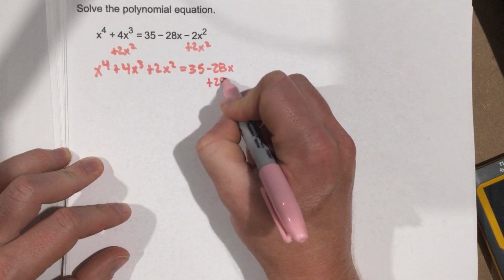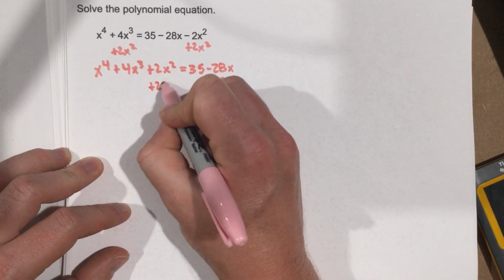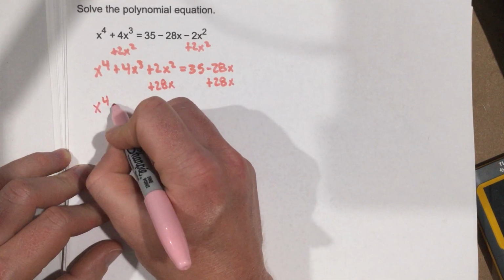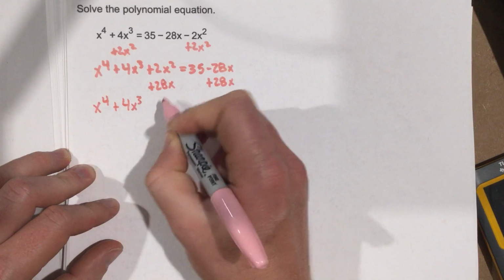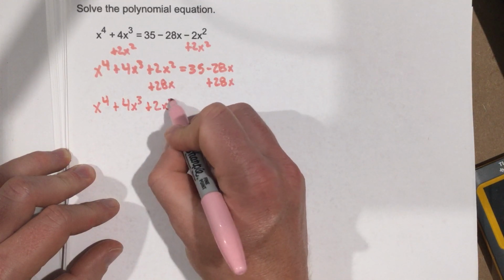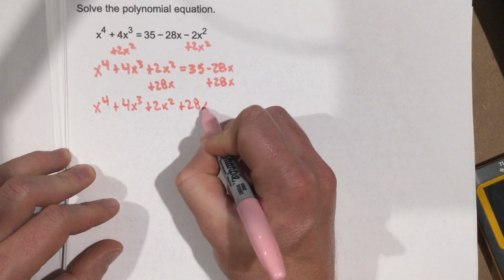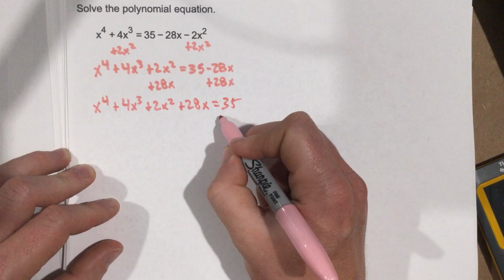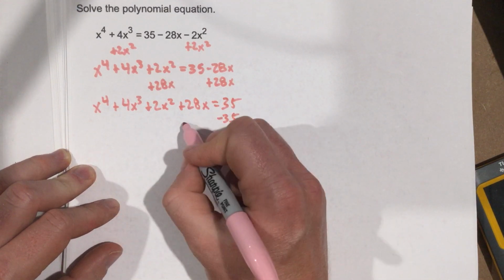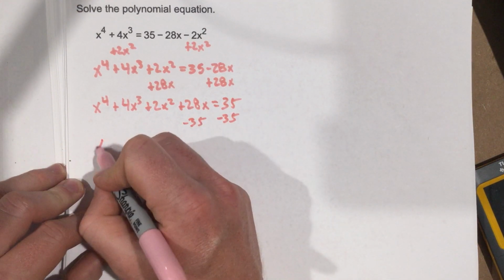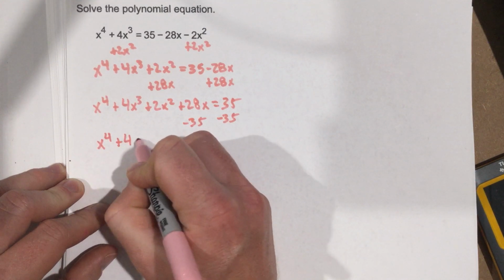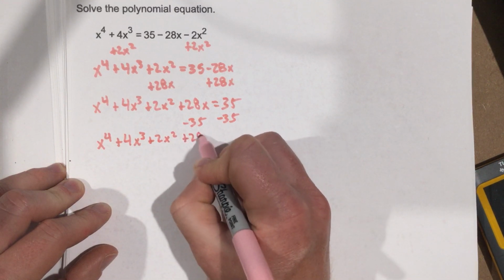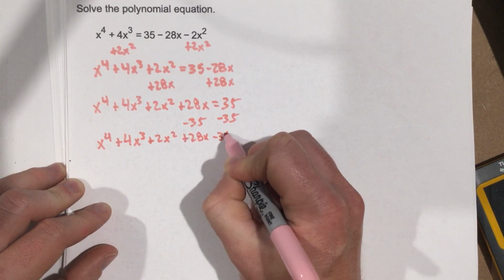Now I'm going to add 28x to each side, and that's going to give you x to the fourth plus 4x cubed plus 2x squared plus 28x equals 35. Then I'll subtract the 35 over, so minus 35 on each side. I get x to the fourth plus 4x cubed plus 2x squared plus 28x minus 35 equals 0.